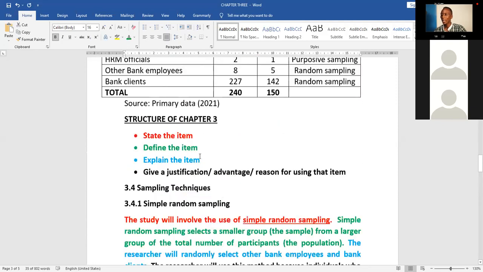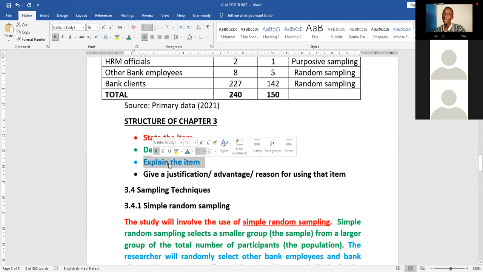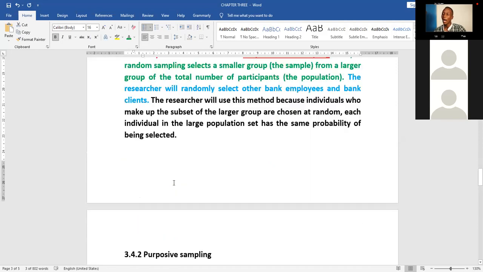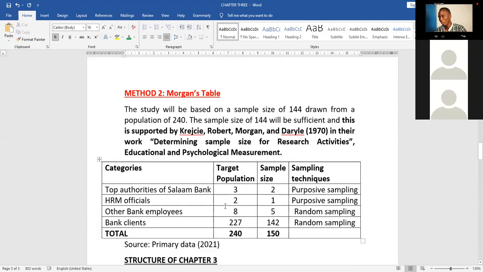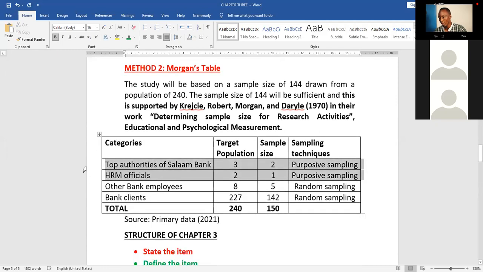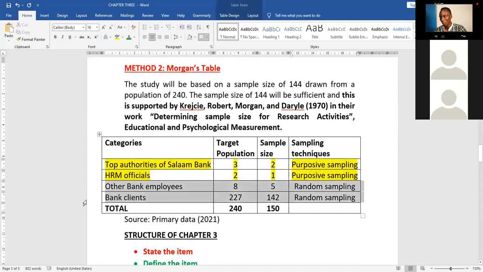Now, what is next? The next thing is explaining the item. So you have to explain which categories you are going to purposely select using this method. Come back to the table here and identify the first two categories. The other ones were for random sampling, you can see, but the first two are for purposive sampling.